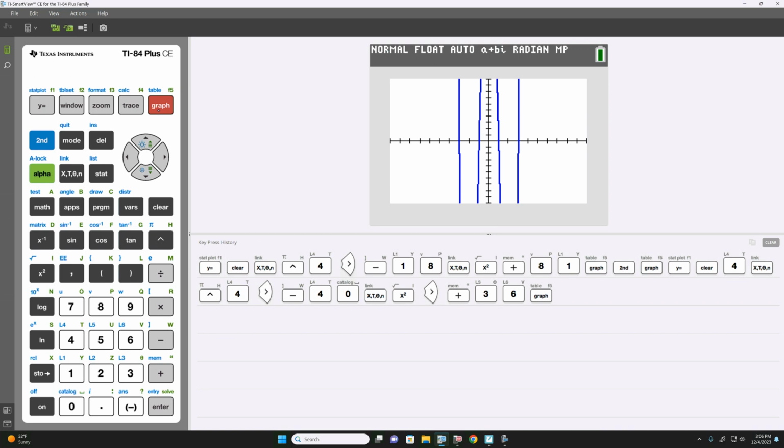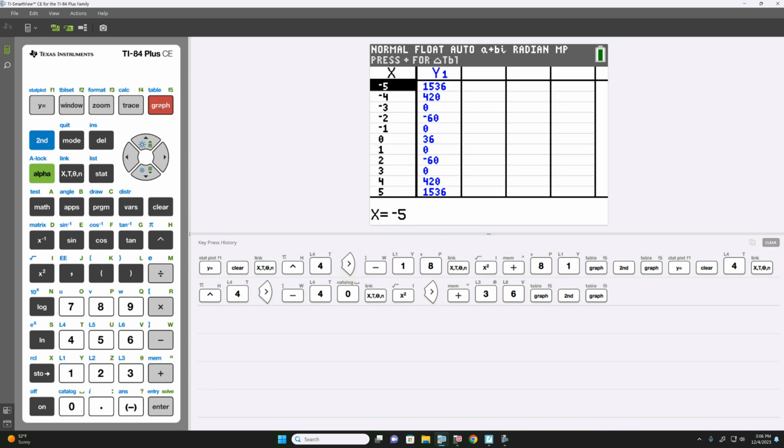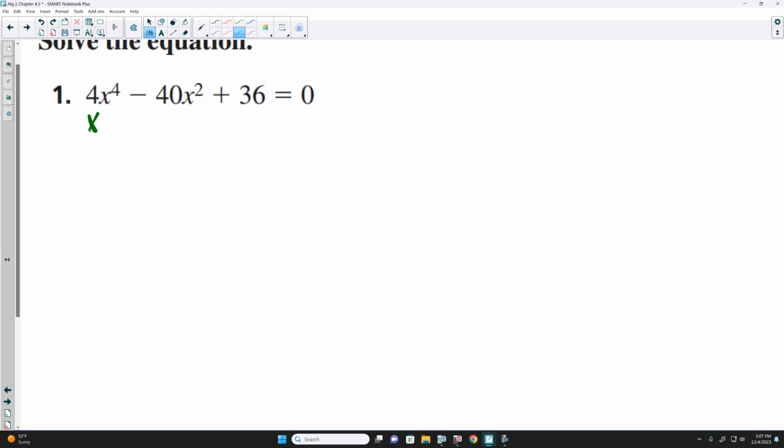How many times does it cross the x-axis? 4. And those values are? Yes? 1 and 3. So by graphing it, we're saying x is negative 3, x is negative 1, x is 3, and x is 1.